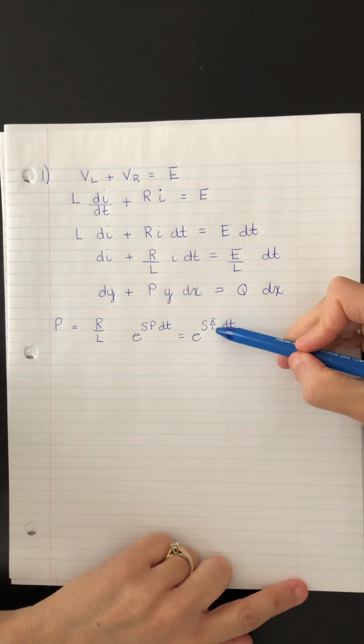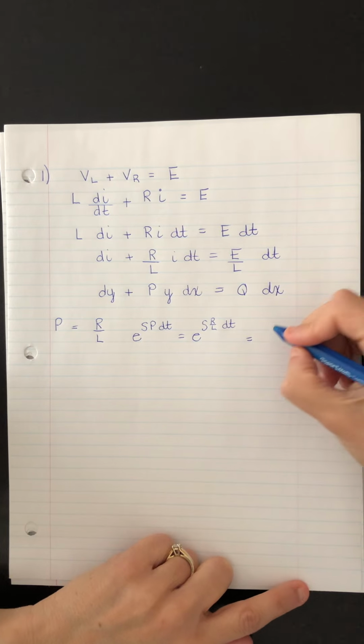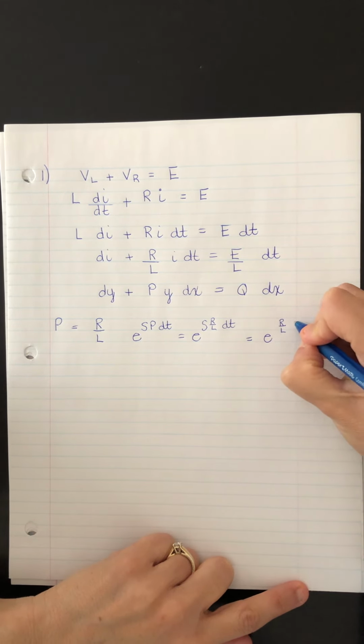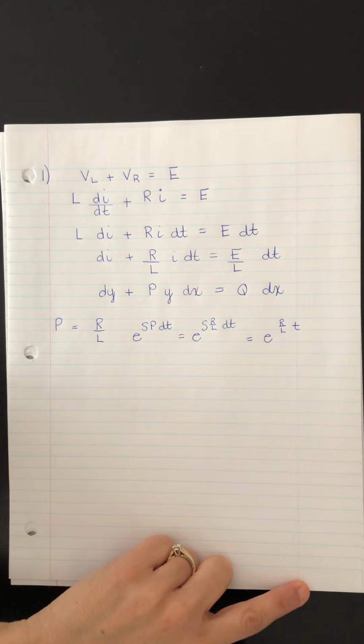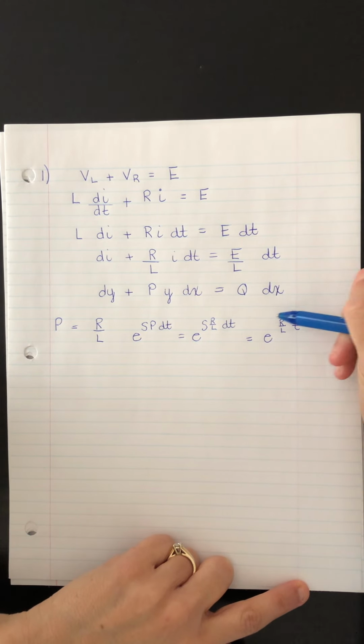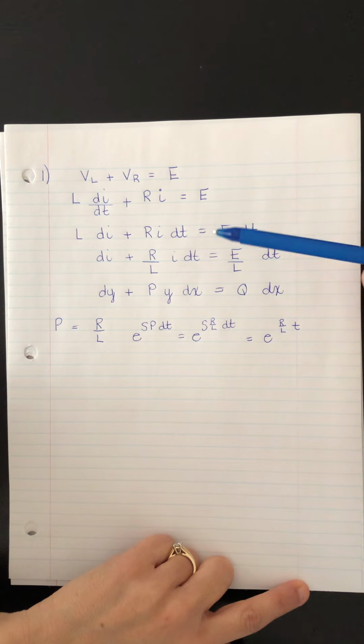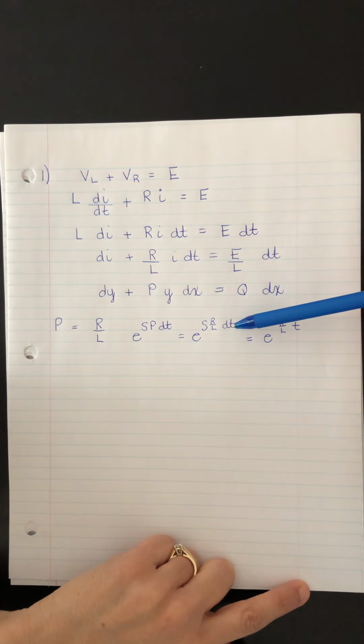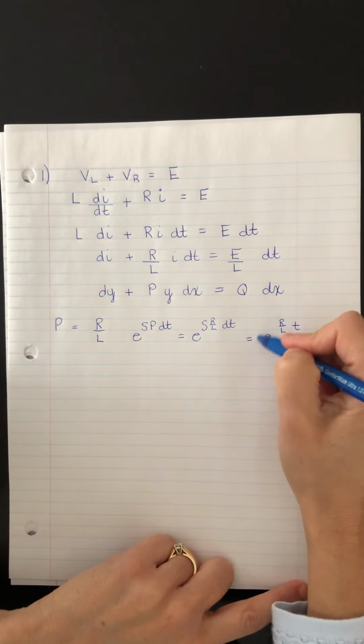If that's just a constant, just a number, then its integral with respect to t is R over L times t, because it's like taking R over L and multiplying it by the integral of the number 1 with respect to time. And the integral of the number 1, of course, is t. So this is our integrating factor.